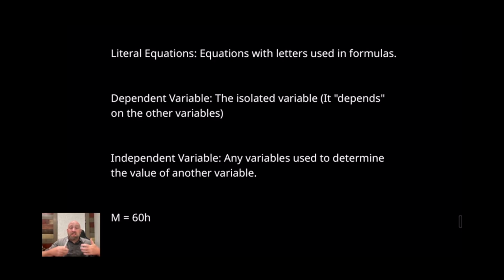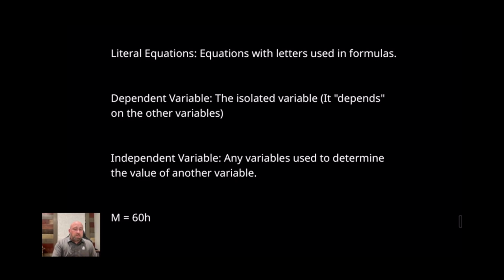Whenever you've seen a formula, you're looking at a literal equation. You just didn't know what it was called. You've seen equations with letters in them, like the length times the width gives you the area. Something like volume, length times width times height. Those are all examples of literal equations.